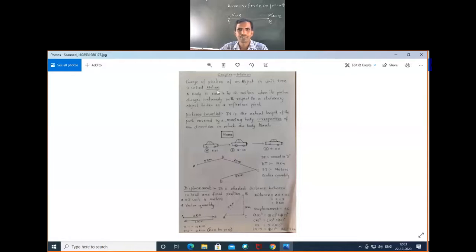Just note it down. A body is said to be in motion when it changes position continuously with respect to a stationary object taken as a reference point. I have taken the home as my reference point. So I am near the home and I am changing the position.